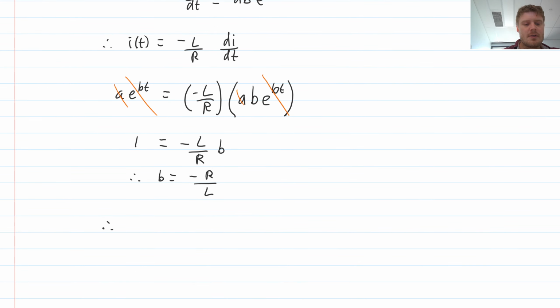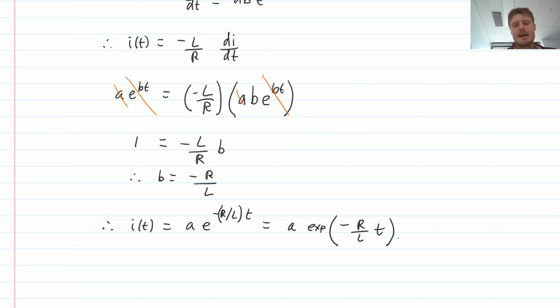So what we have now for our current I of t is equal to coefficient A, which we don't know anything about just yet, times e to the negative R over L times t. That's a little bit messy, so I'm going to write it as this exponential.